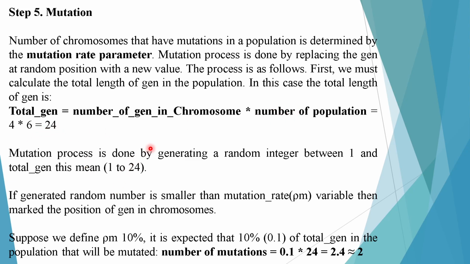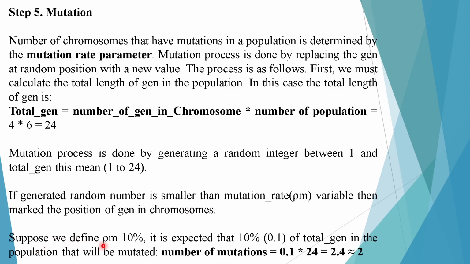Then the mutation process is done by generating a random integer between 1 and total genes, meaning 1 to 24. If the generated random number is smaller than the mutation rate variable, then mark the position of the gene in the chromosome.